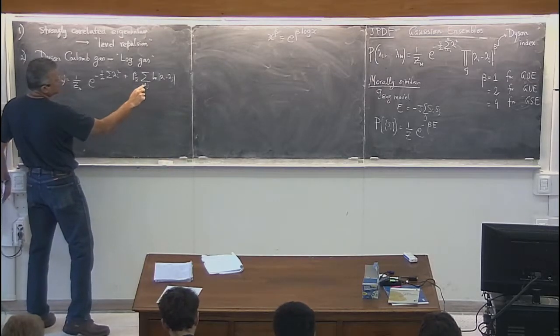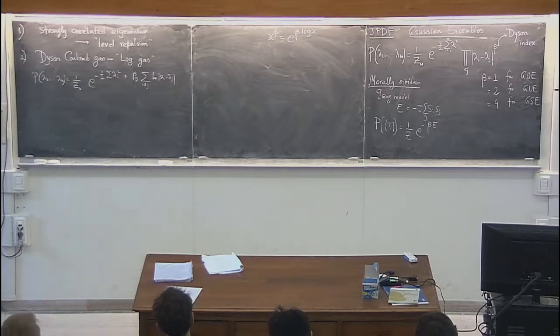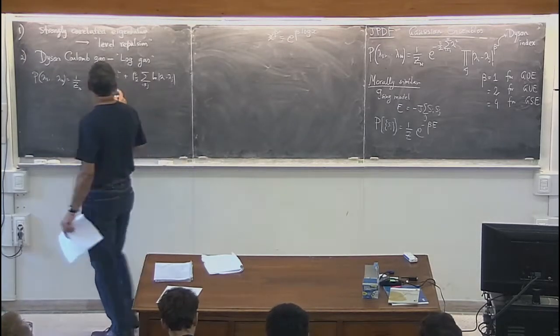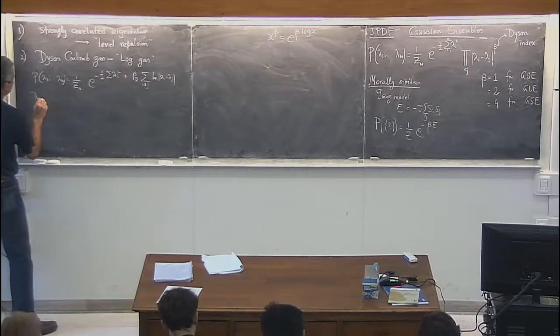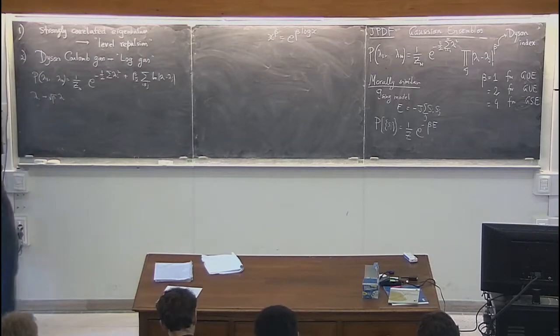Furthermore, I can always rescale these lambda_i's by square root of beta times lambda_i. If I rescale that, I get a factor beta here, and this is an additional constant factor which you can always absorb in the normalization constant.